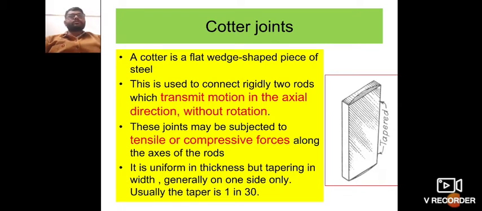In a quarter joint, the rods are subjected to axial tensile or compressive forces. It is used to connect two rods rigidly.